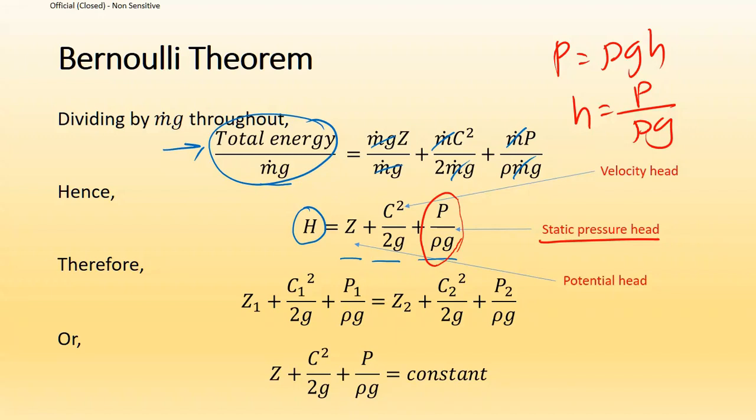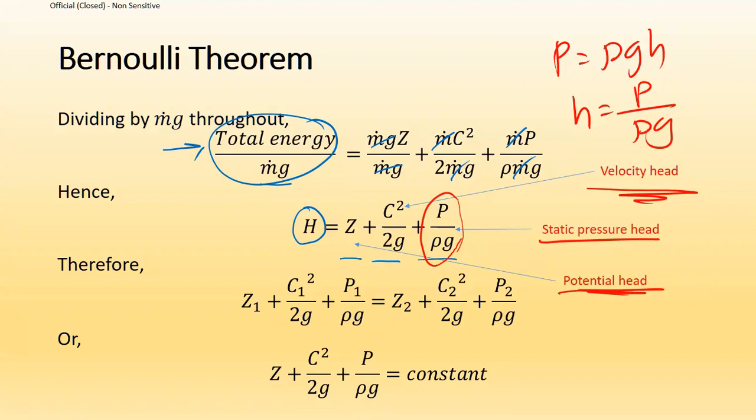But over here in chapter 4, the main difference is the fluid is moving from the inlet to the outlet. Since the fluid is moving, there should be other forms of associated energy. Of course, the most obvious one is your velocity head, c squared over 2g, and of course, your potential head.